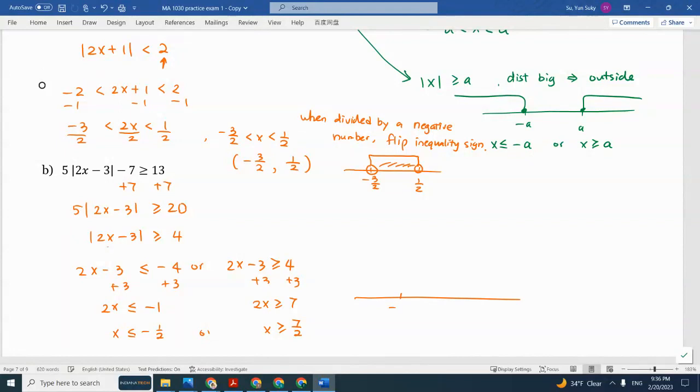So x is less than or equal to -1/2, or greater than or equal to 7/2. So minus infinity to -1/2 with a bracket, because we want to include the endpoint, union, bracket 7/2, comma, infinity. So this is part B.